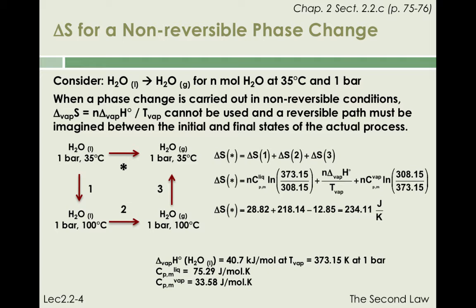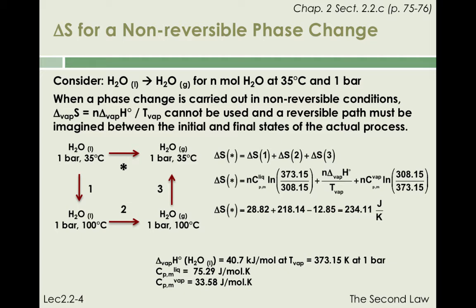The change in entropy for step 2 was calculated on the preceding slide as n moles times delta vaporization H standard divided by 373.15 Kelvin. So we obtain delta S as 234 joules per Kelvin.